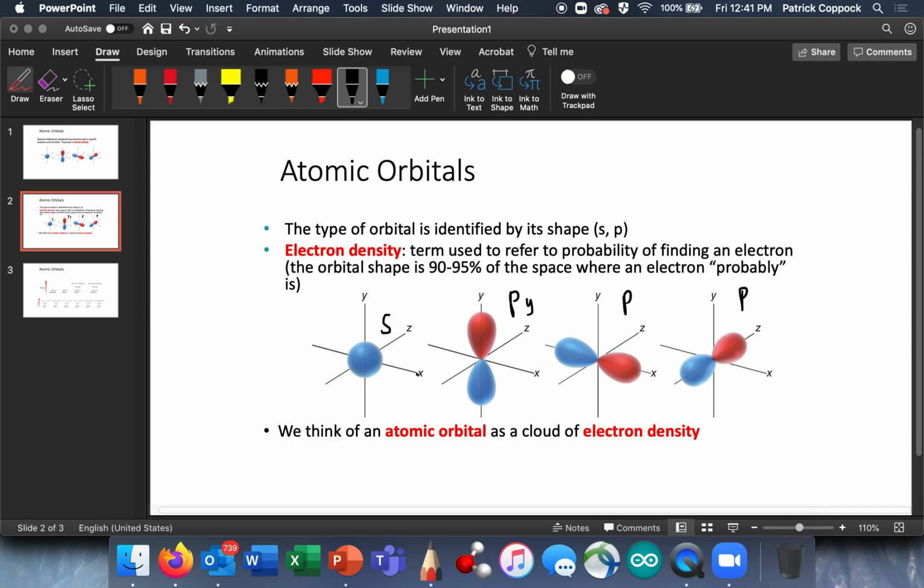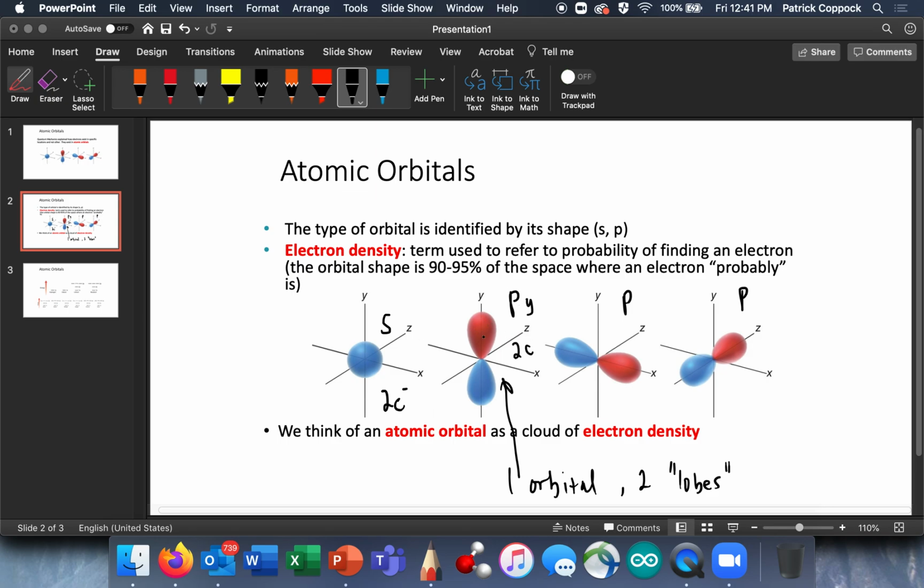The one last thing I'd like to point out here is that there's only one orbital here, and there's only one orbital here, right? So this is one orbital, two lobes or areas of electron density, but there's only one orbital. So if two electrons can fit in here, there's only two electrons that can fit in here total.